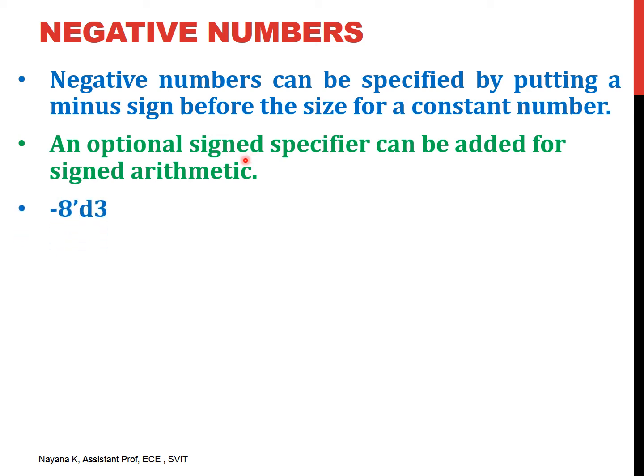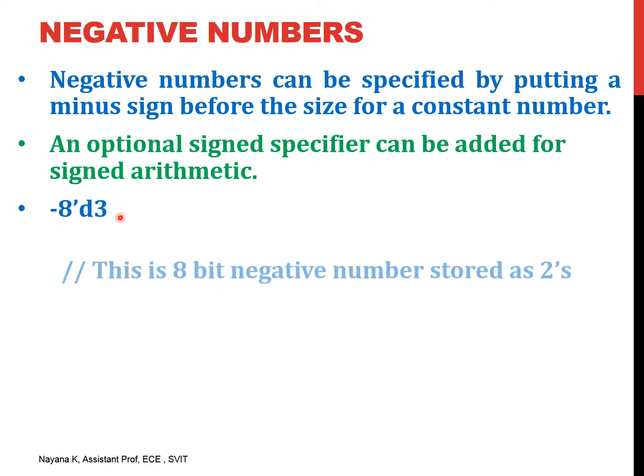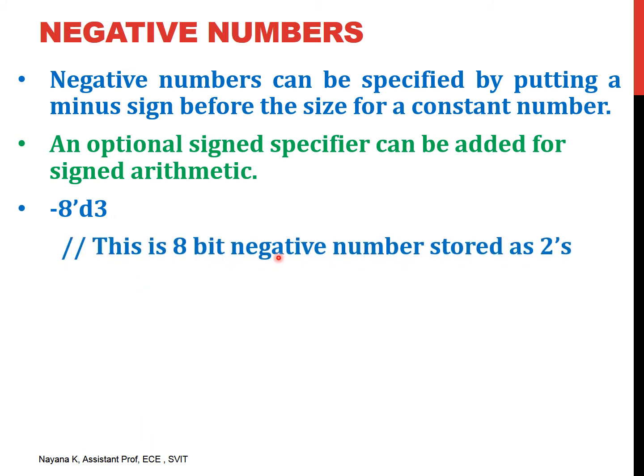Let's see some examples of negative numbers. If we write -8'd3, this represents a negative 8-bit number which is stored as the 2's complement of 3, because all negative numbers are represented in their 2's complement format. Without the minus sign, this represents 8-bit decimal 3.